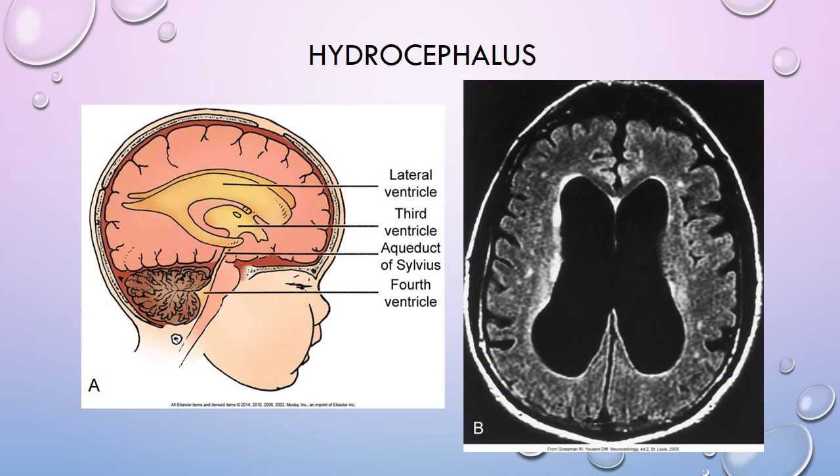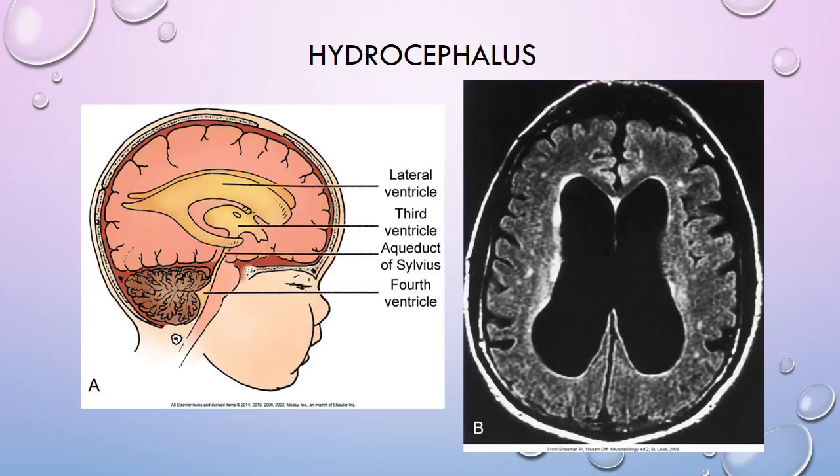We're going to talk about hydrocephalus, caused by an imbalance in the production and absorption of cerebrospinal fluid or improper formation of ventricles. It causes pressure changes in the brain and results in an increase in head size. It's because there's an impaired absorption of CSF within the subarachnoid space, or obstruction through the ventricular system.